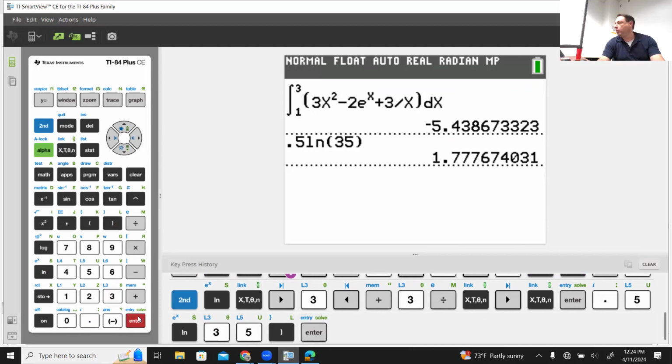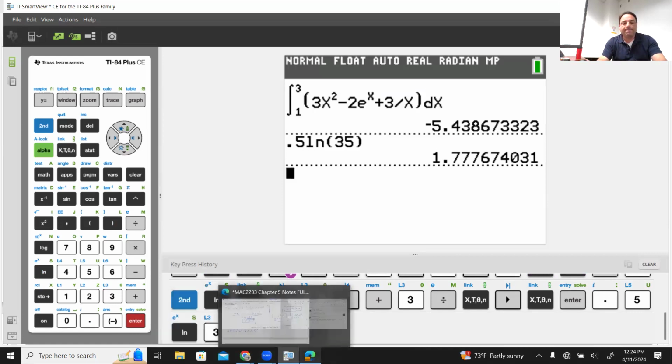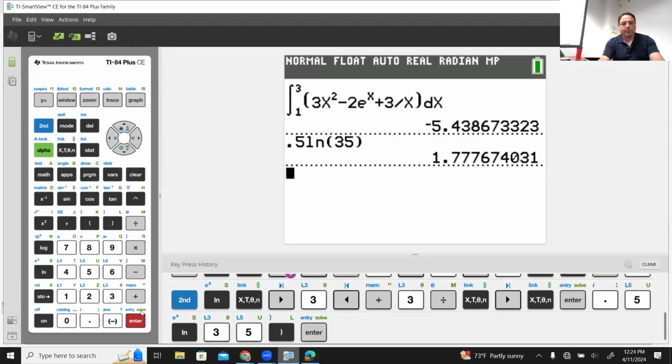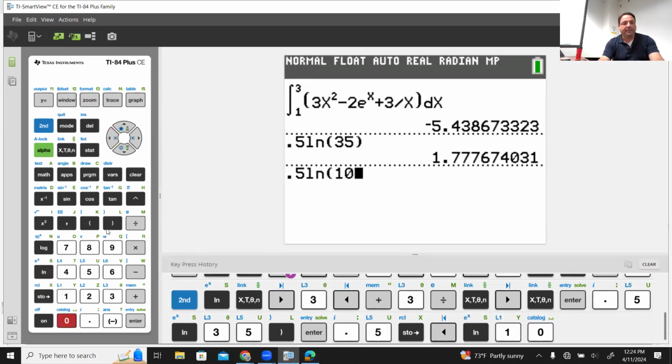That first number gives you 1.777, so maybe like 1.78. Minus 0.5 ln of 10. Again, you could just type the whole thing in if you want and get the final answer. Totally up to you. Just be careful.